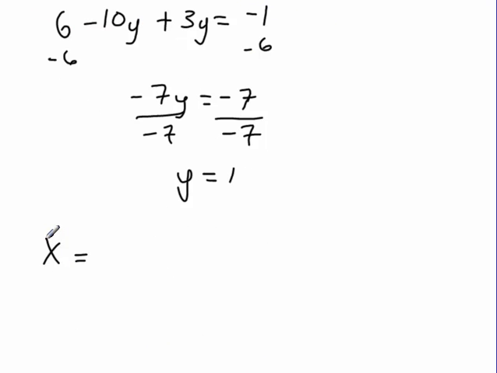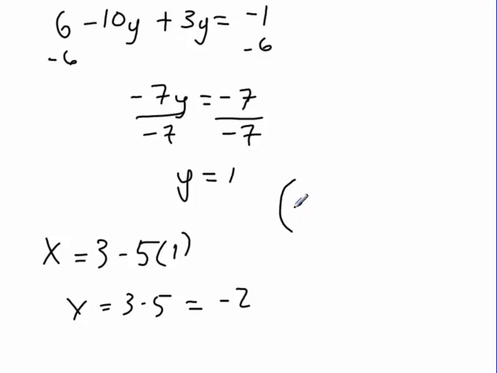So x equals 3 minus 5, and y we know now is 1. So x equals 3 minus 5, which is negative 2. So I know my x value and my y value, and again we leave our solutions in ordered pairs. So we have the ordered pair negative 2, 1.